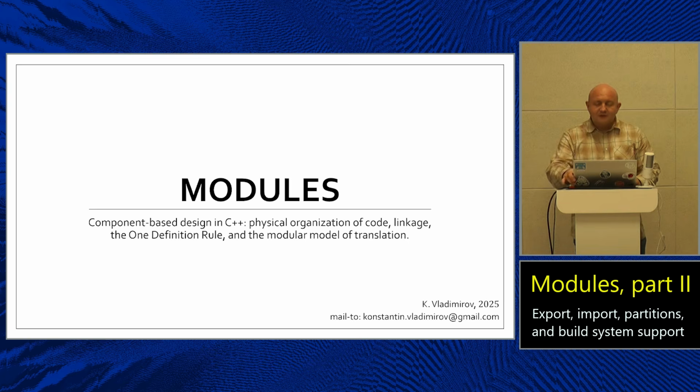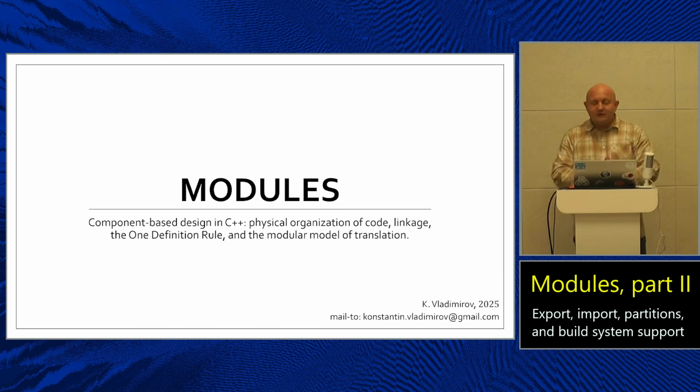Last time, we traced the path from the traditional world of headers and translation units through linkage, visibility, and the one definition rule, and finally reached a first glimpse of modules themselves. Today, we'll go further.